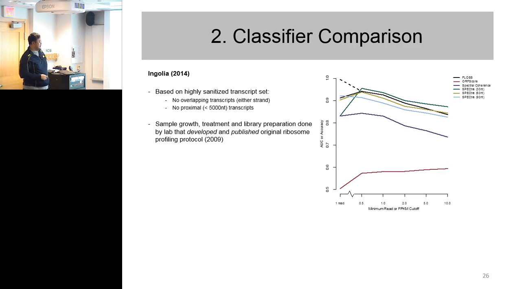Keeping in mind that this is the lab that developed and has published many, many papers on ribosome profiling, the fact that we're beating them at their own, most likely cherry-picked, set of data was good for our confidence, at least.